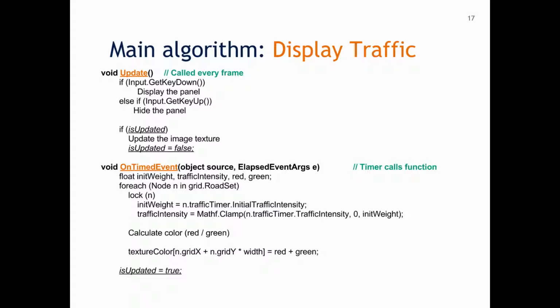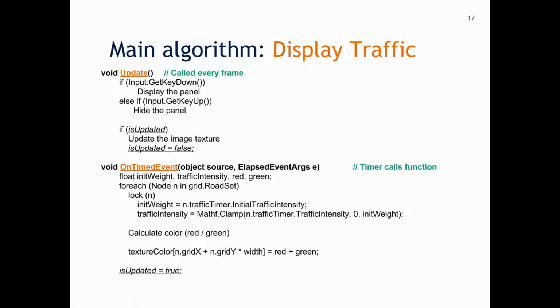Here we have only one of the main algorithms used in the system. This one is called display traffic. So the first method is called update, which is called within every frame. We check if the input is correct, which has to be a control key. If so, display the panel, else we hide the panel. We also check if isUpdated is true, then we update the image texture and set isUpdated to false.